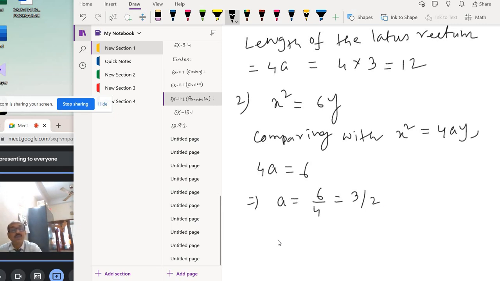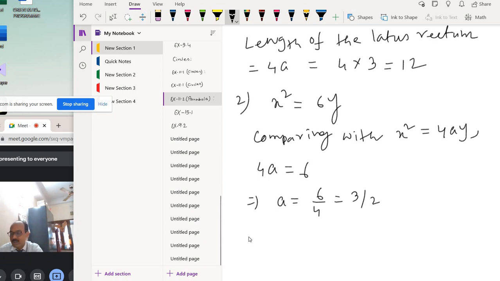Now x square equal to 4ay, so this is an upward parabola. Upward parabola means the axis is the y-axis, and the focus is on the y-axis.